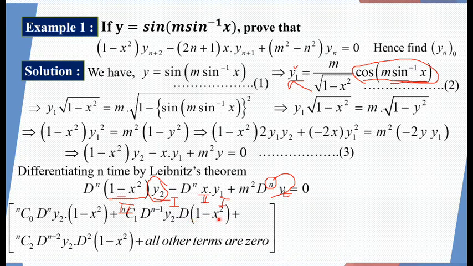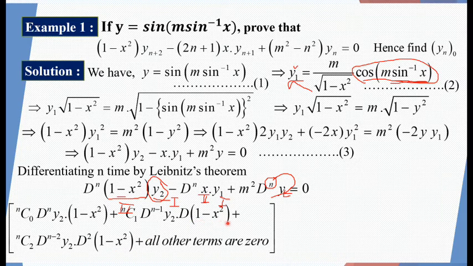Now see, when we differentiate this 1 minus x square one time, then the differentiation is minus 2x. So x is remaining. So we have to move further. So plus nc2, n minus 2th derivative of y2 into d square of 1 minus x square, that is the second derivative of 1 minus x square.